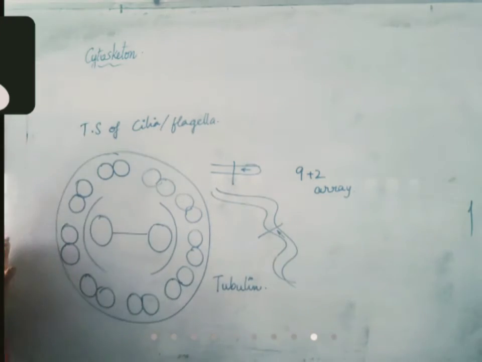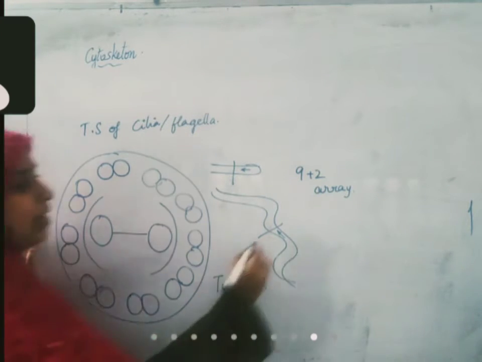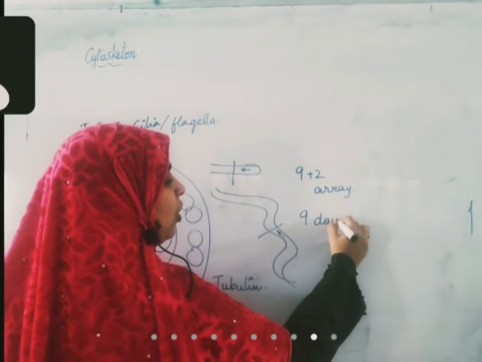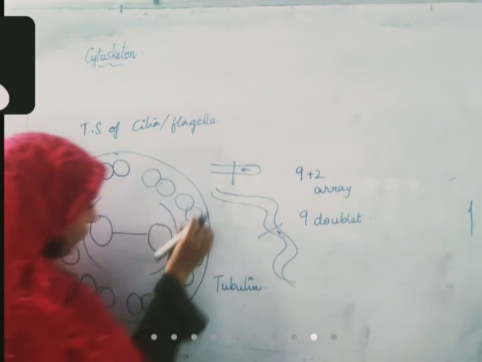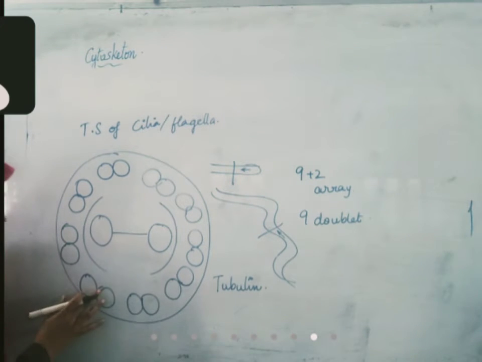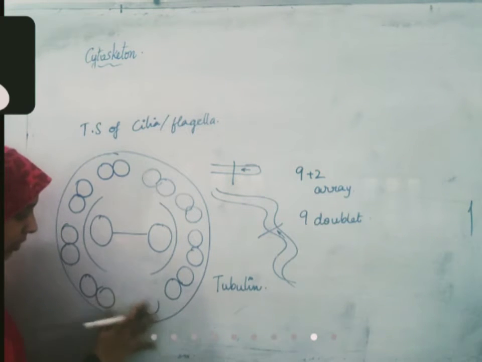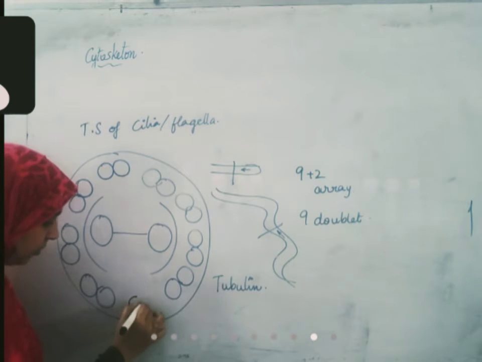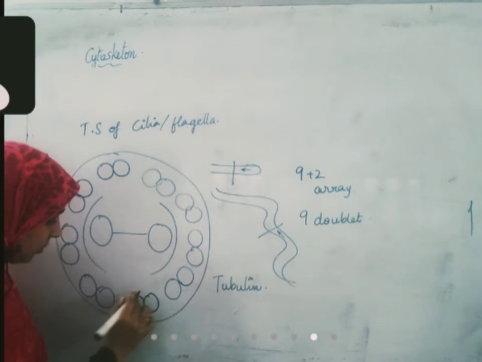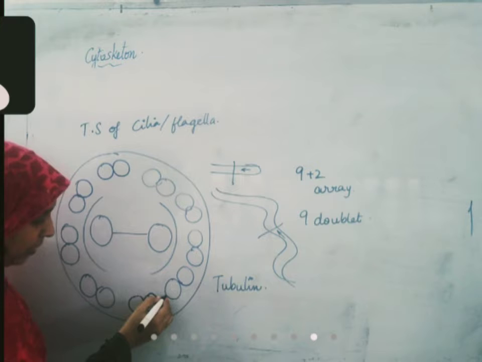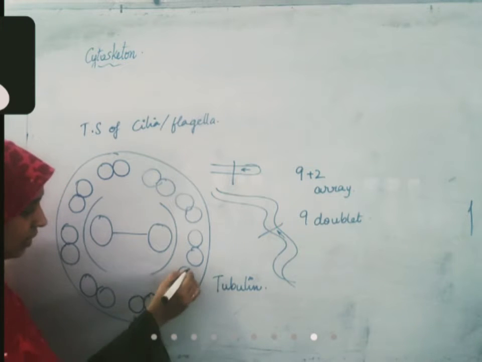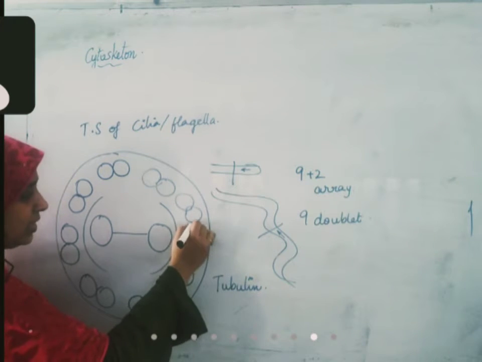9 doublets. Why are they called doublets? Two fibers are binding together. They are not this close. Between this and this, there are small linkages that are connecting.